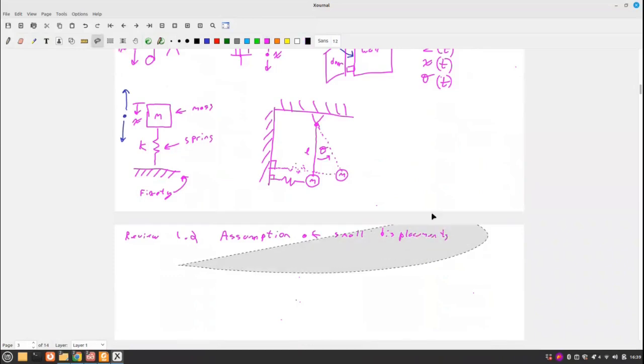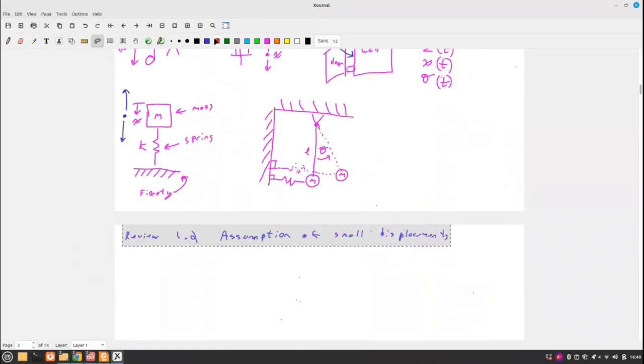And that's review 1.2. I'm going to put that in blue. All right, and so because of the assumption of small displacements, any change in that angle from 90 degrees to anything else would be a second order effect, right? And because of that, we assume that that spring still connects to the wall at 90 degrees, right?